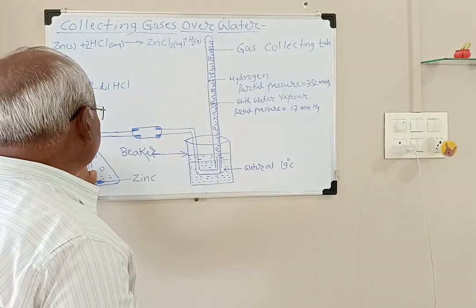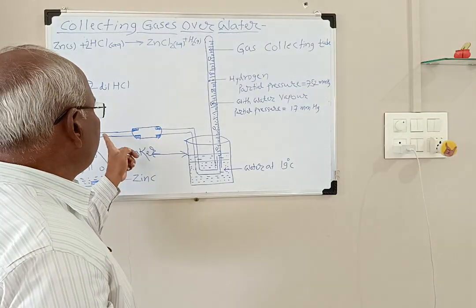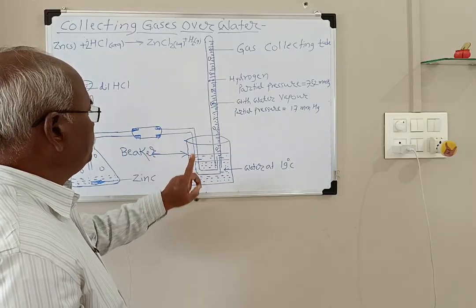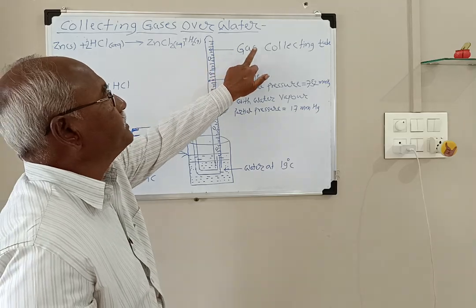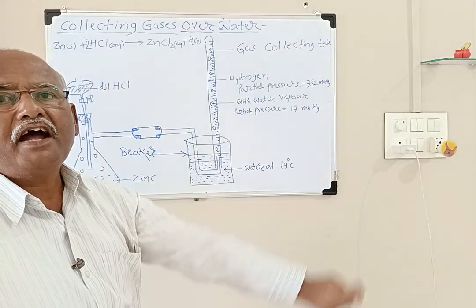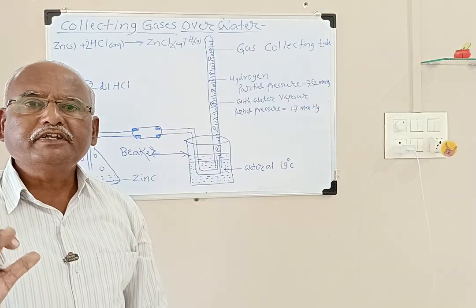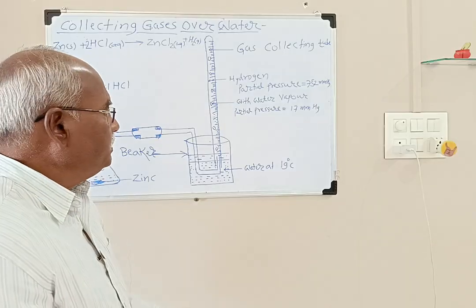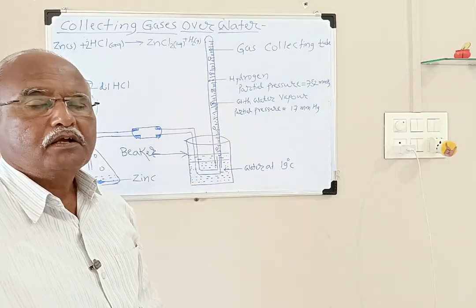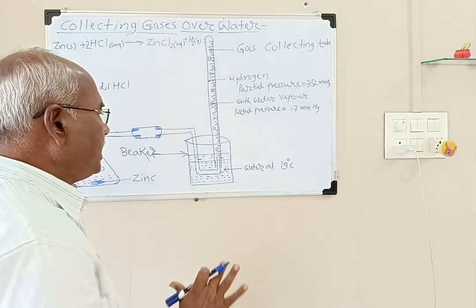So the hydrogen gas formed passes through this tube and enters the gas collecting tube. The hydrogen which is liberated is collected by downward displacement of water.